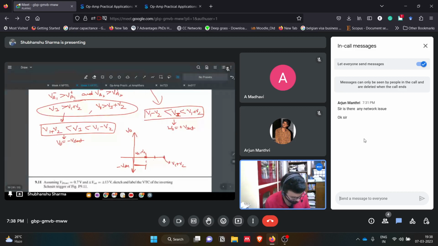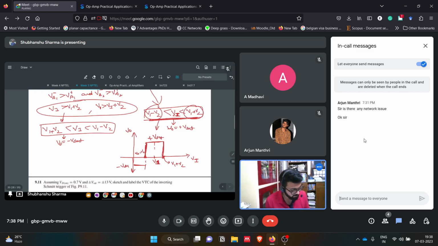Vi is this axis. Between these two points we have a high voltage, so we get high voltage like this. This is plus V saturation. Based on these conditions, we got this. So the center of these two points is V1. We can get that by adding these two values and dividing by 2.